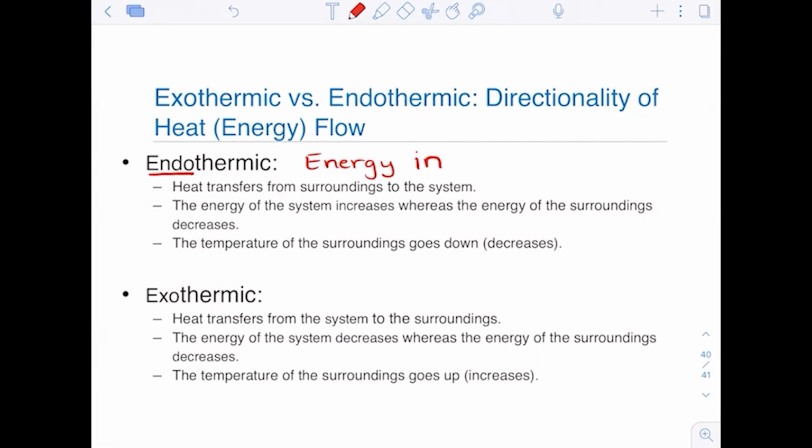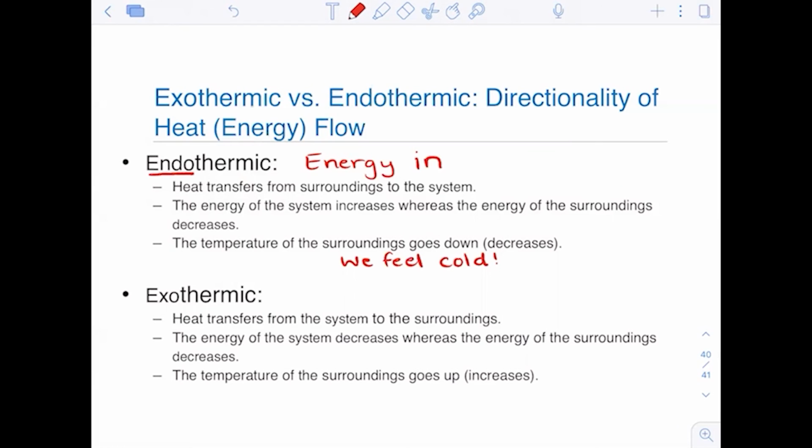This is normally when we, the surroundings, feel a decrease in temperature. We feel the reaction getting colder. That's not that the reaction is releasing heat and getting colder. It's that the reaction is taking our thermal energy and utilizing it in some way, shape, or form, such as kinetic energy.